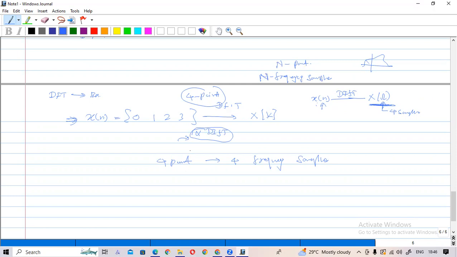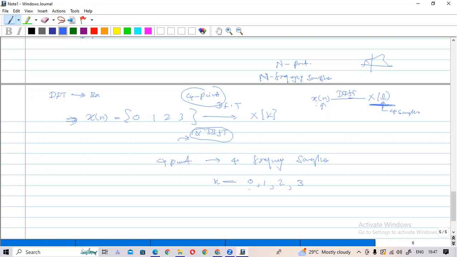That means our K should have only 4 samples. That means K should go from 0, 1, 2, up to N minus 1. That means N is 4, so N minus 1 is 3.